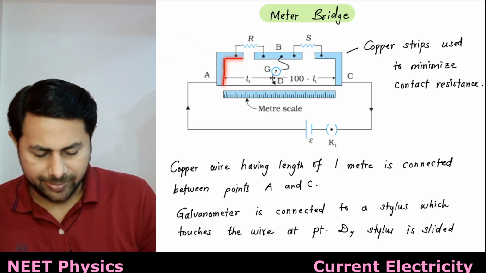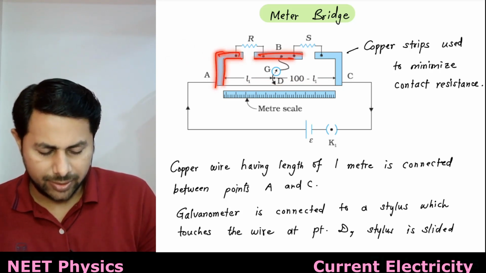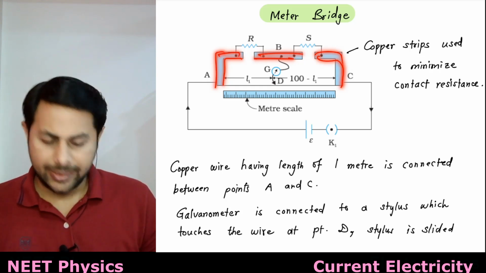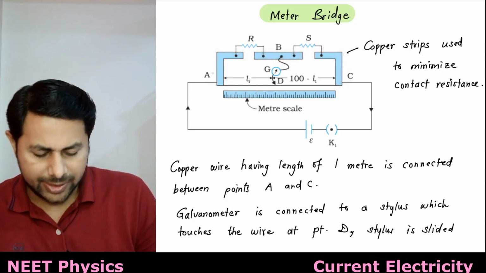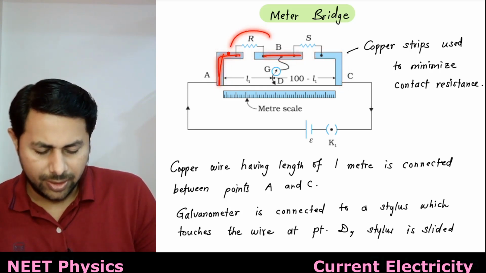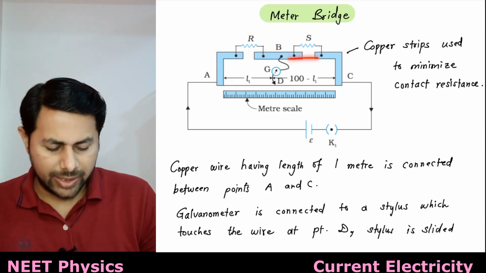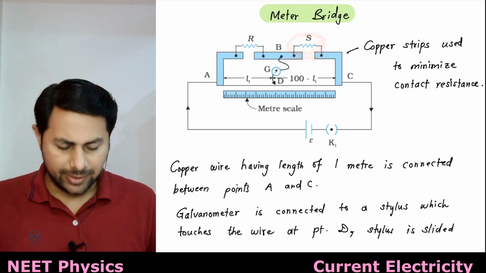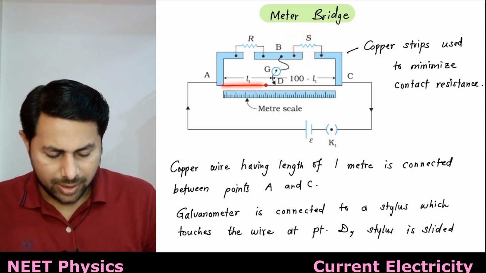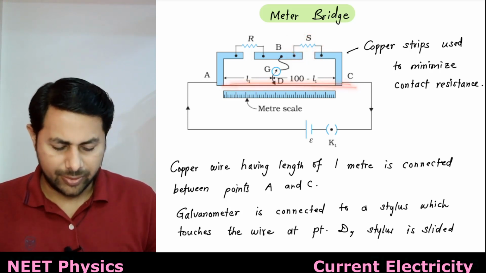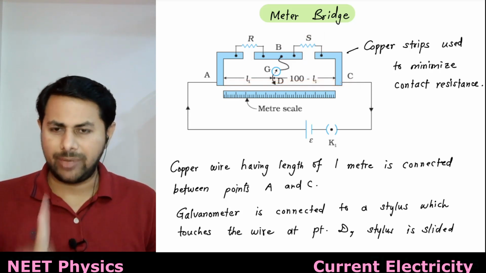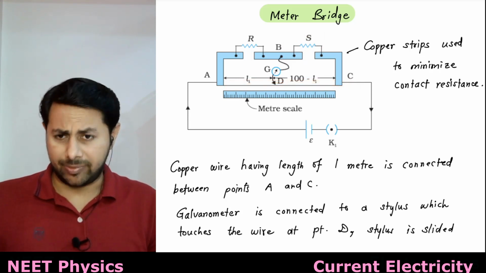These are copper strips, 1, 2, 3, and in between these two copper strips you connect one resistance, let's say R. Here you connect another resistance, let's say S, and then you have this wire having length equal to 1 meter, and that's why it is known as a meter bridge.